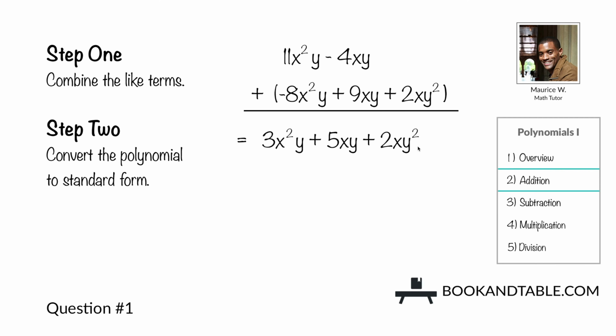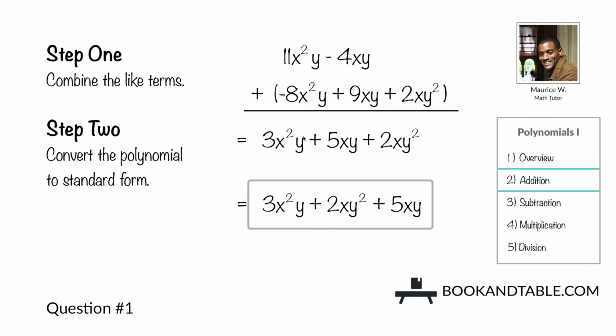and then we want to convert the polynomial to standard form. So this term has a degree equal to 3. 2 plus 1 equals 3. This term has a degree equal to 2. 1 plus 1. And this term has its degree equal to 3. 2 plus 1.